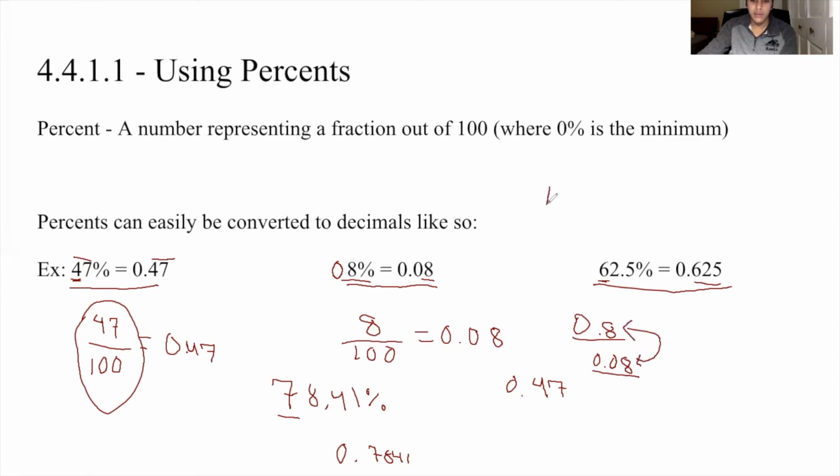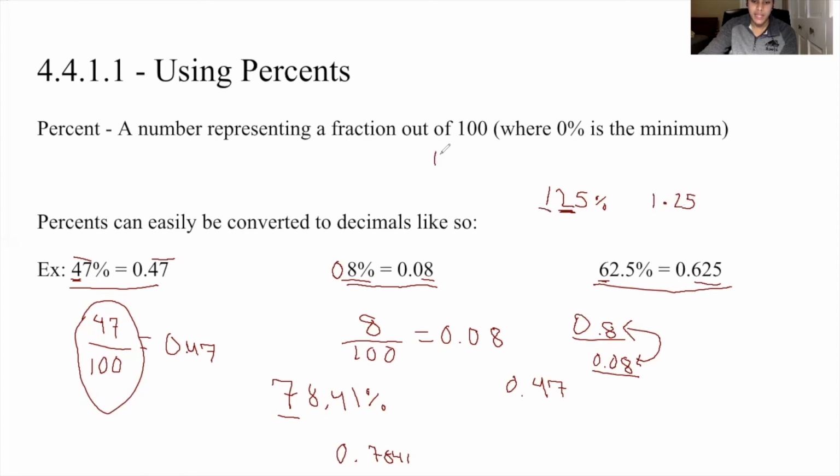And then finally, sometimes you'll see a percent above 100, for example, 125%. You can still follow the same rules, where the digit in the tens place goes right after the decimal point, so you'd have a 2 and then a 5. But the 1 would go before the decimal point. So it'd be 1.25.